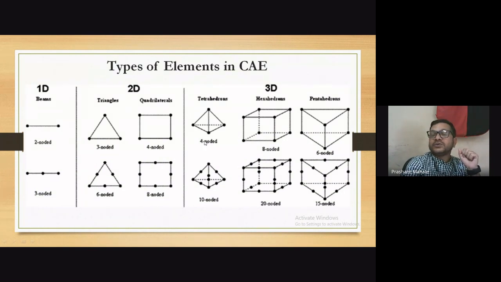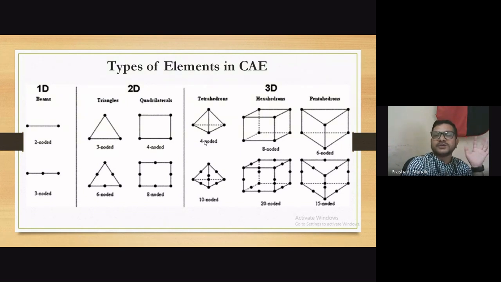The number of nodes decides the displacement nodal unknowns. The more the nodal unknowns, the more complications you will have for solutions. And the more the number of nodes, the more shape functions. You know what nodal unknowns mean, and what shape functions mean. Shape functions are equal to the number of nodes.